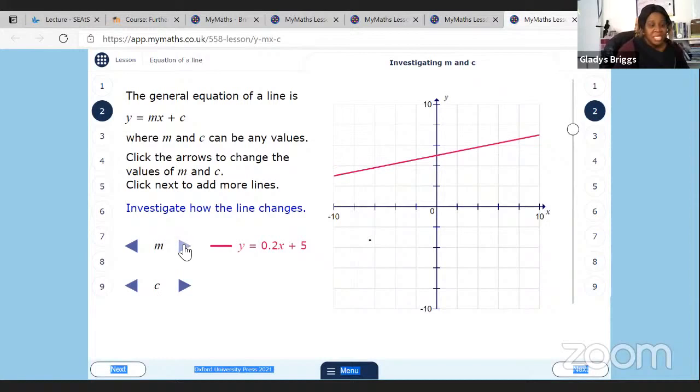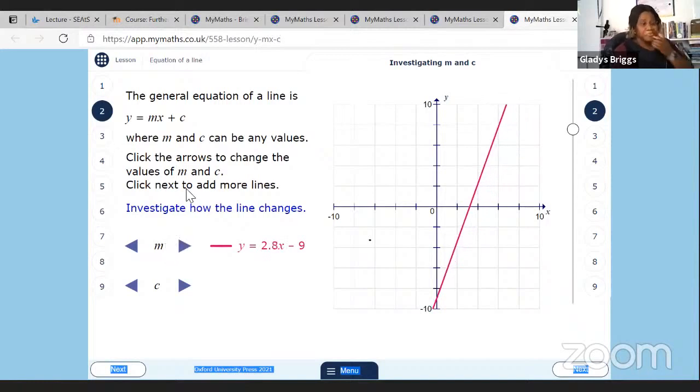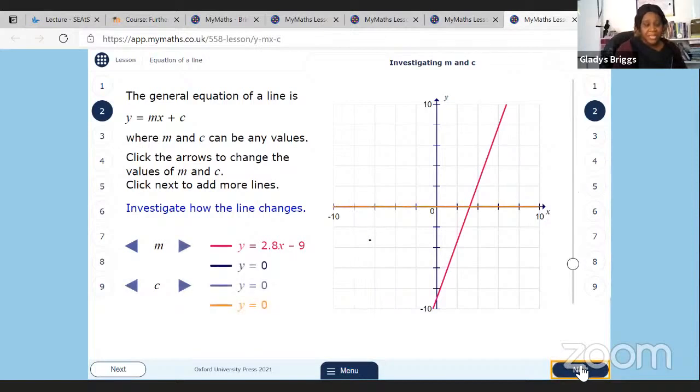And if you increase the gradient, do you see it's getting steeper and steeper? If you reduce where it cuts the y-axis, then the graph is moving down. If you increase the steepness, then I think you get the picture. So that's how it works.